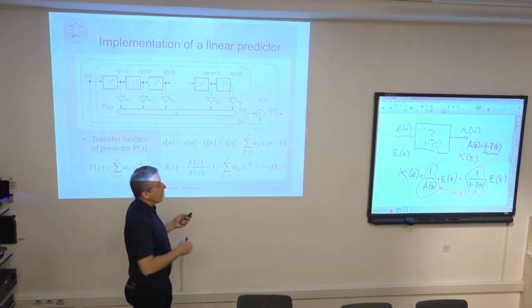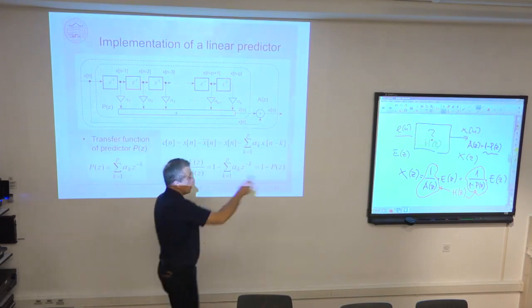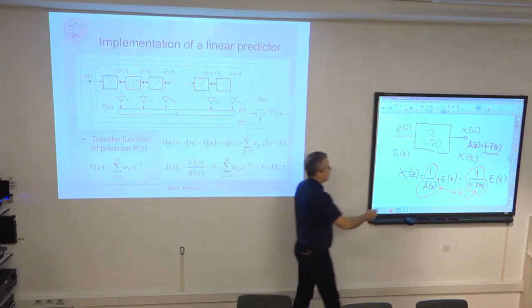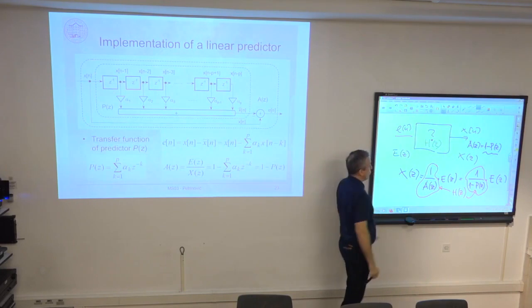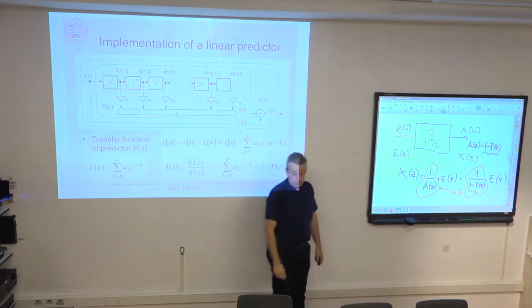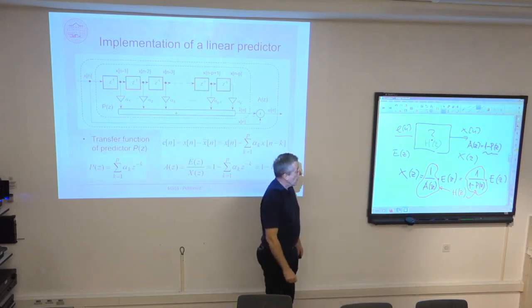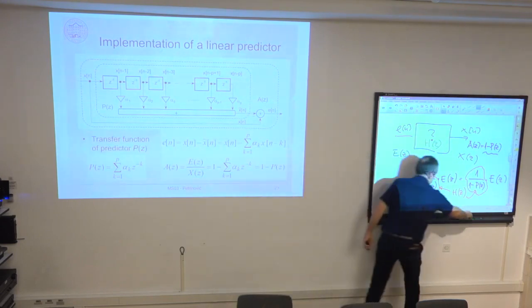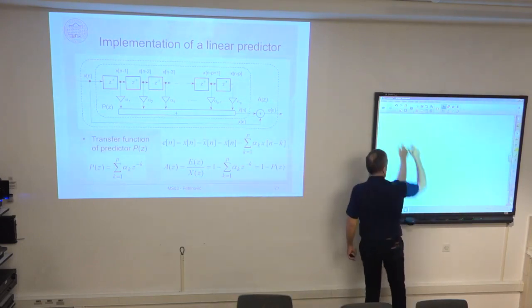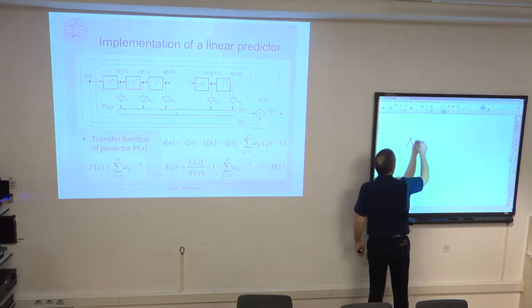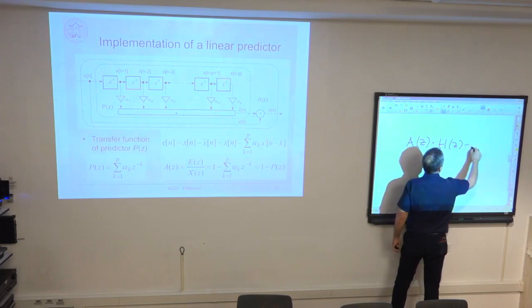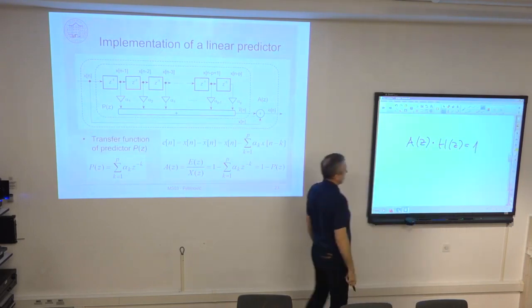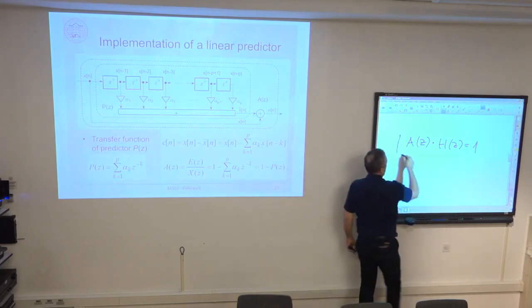We started from x, computed the prediction residual, and directly, without any quantization, reconstructed the original signal x of n by passing it through the inverse system, h of z. So these two systems, A of z and H of z, give us 1. They are reciprocal to each other.